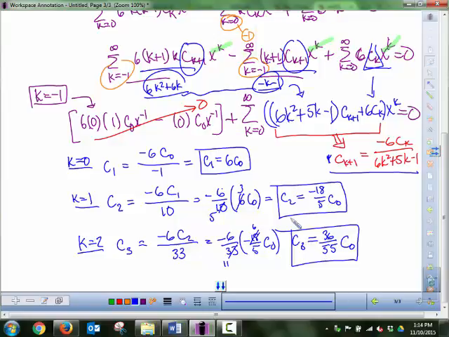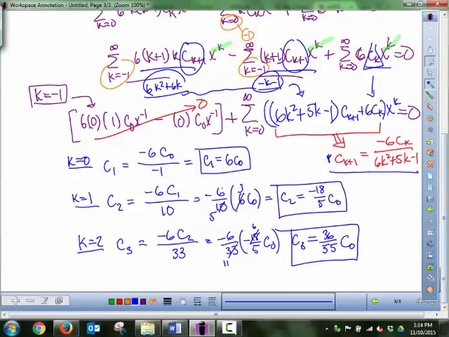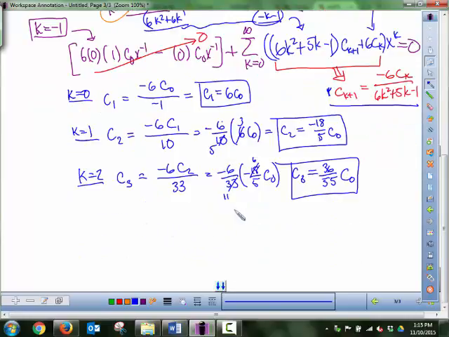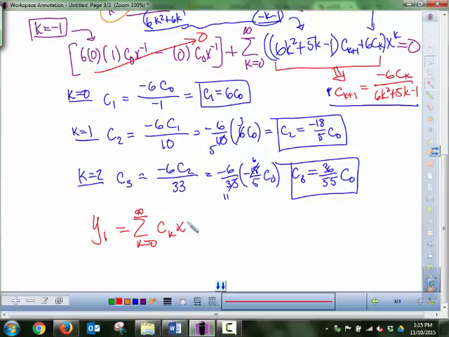All right. I think we can hopefully stop here and maybe write down our y sub 1 solution. If you look at y sub 1, it's supposed to be equal to the sum as k goes from 0 to infinity of c sub k x to the k.